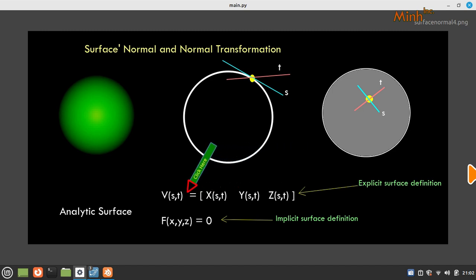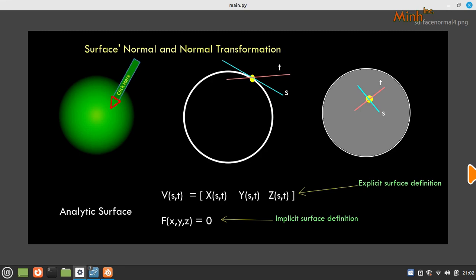If that is the situation, if that is the polynomial equation, this is called explicit surface definition. And if I have f(x, y, z) equal to 0, then this is implicit surface definition. Now we want to calculate the area of a surface.